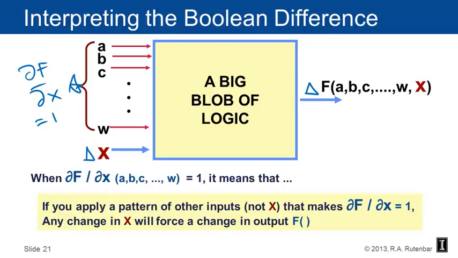If I can put those values on all of those other inputs, if I can make del f del x, which recall is a function of everything up at the top but not x, a 1, then I guarantee that if I put that pattern on the input, the output will change. That's a very useful thing.